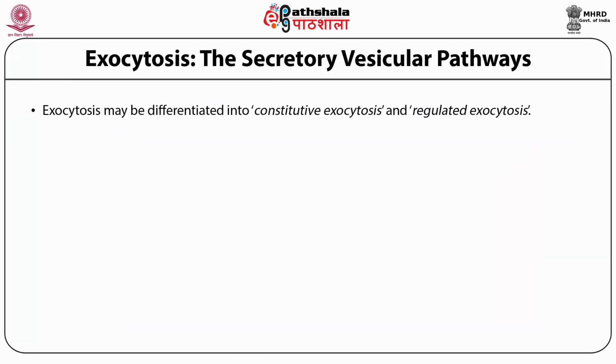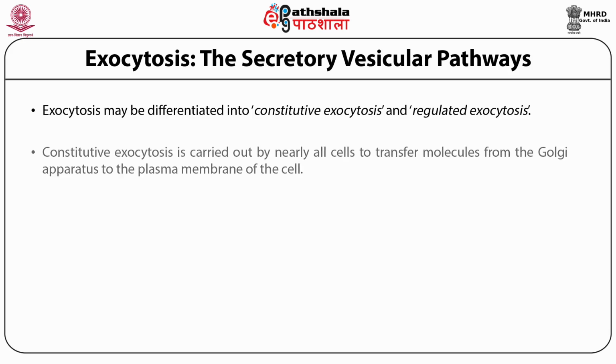Exocytosis may be differentiated into constitutive exocytosis and regulated exocytosis or secretion. Constitutive exocytosis is carried out by nearly all cells to transfer molecules from the Golgi apparatus to the plasma membrane of the cell.